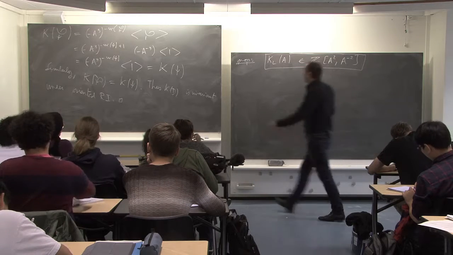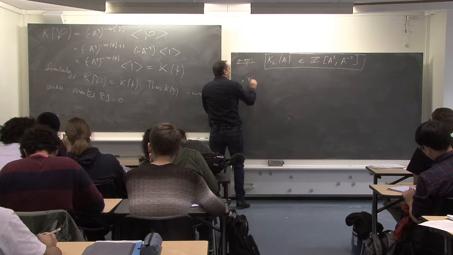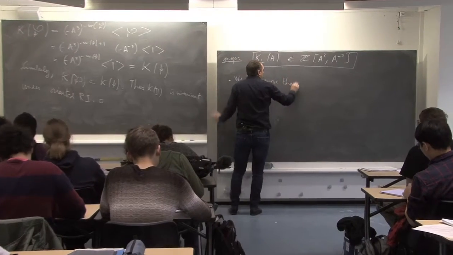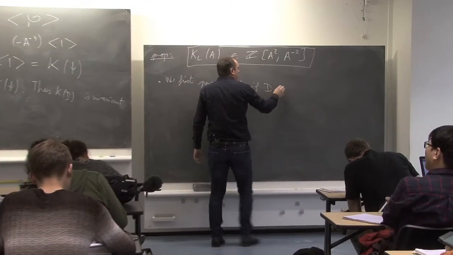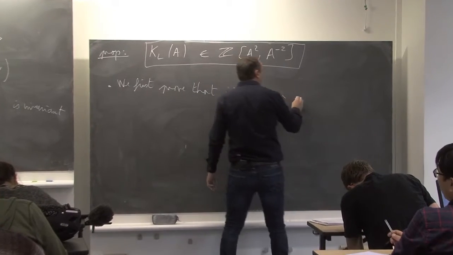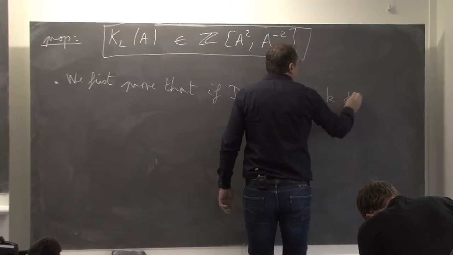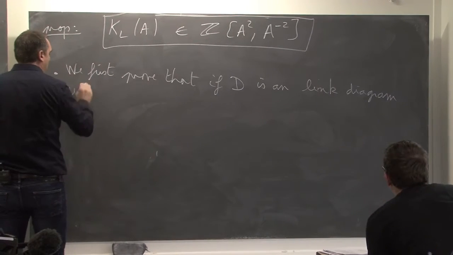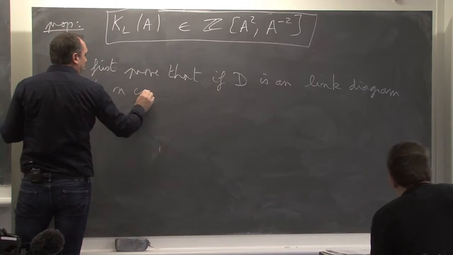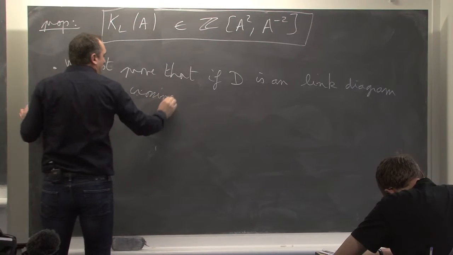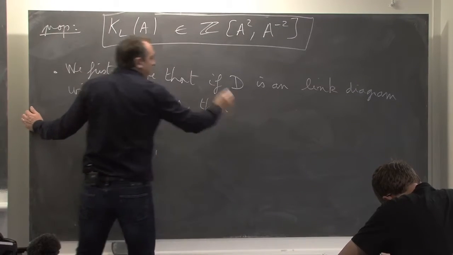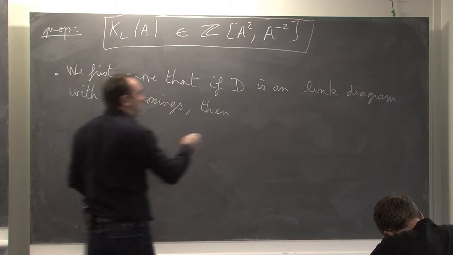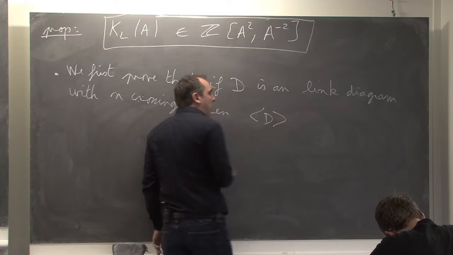So we first prove that if D is a link diagram with n crossings, then the bracket polynomial belongs to what?